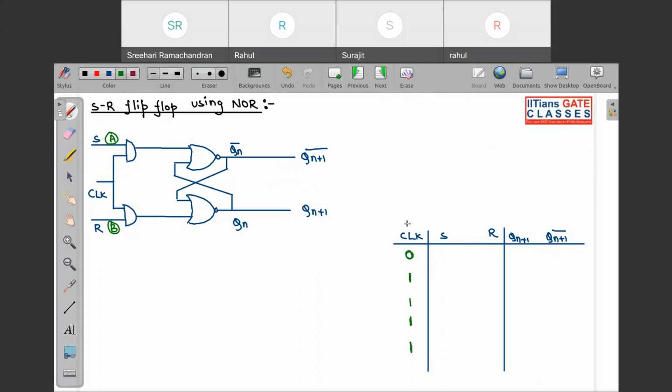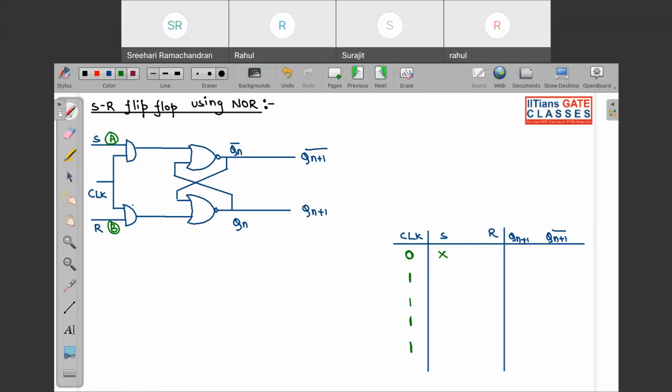When clock is 0, it doesn't matter whatever S or R is. This is an AND gate, so the output will be 0, and if the input to the SR latch is 0, that means it will be in hold state.